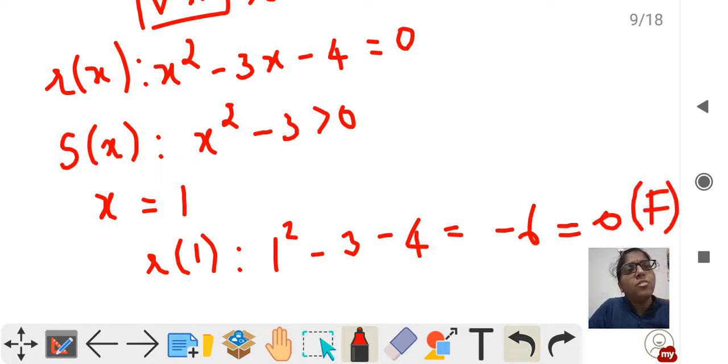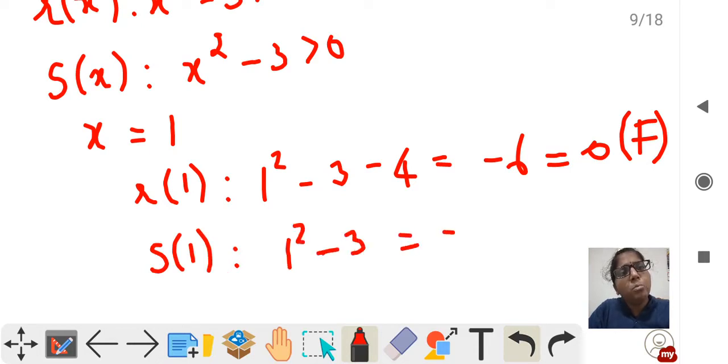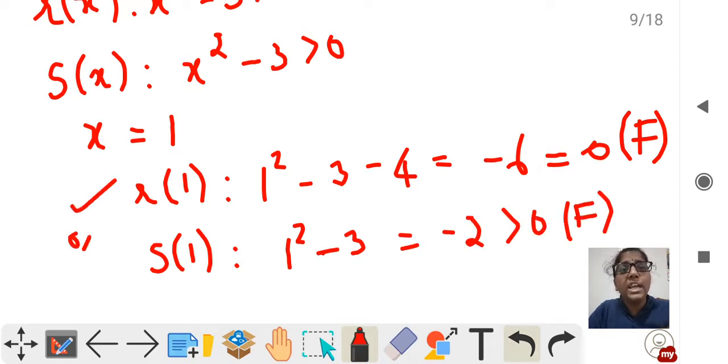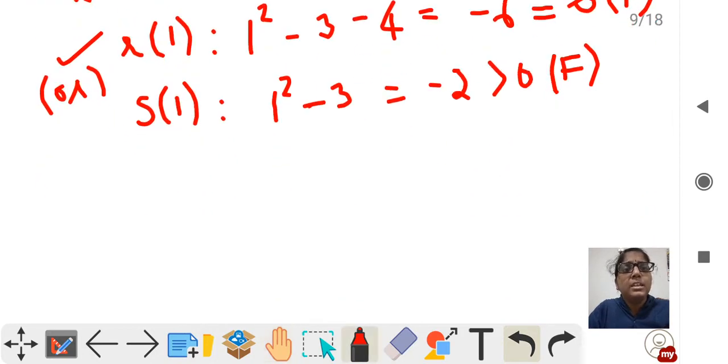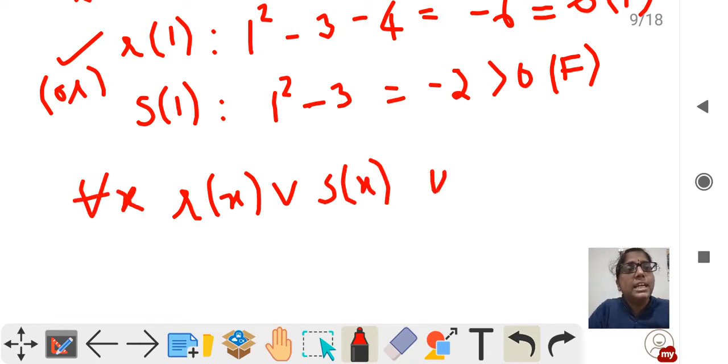Okay, what is s of 1? It is 1 squared minus 3, which is equal to minus 2 greater than 0, is also a false statement. So in this case r of x or s of x, both are false statements. So you will get the statement as false. r of x or s of x, for all x, is a false statement.